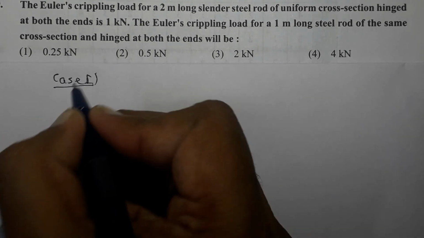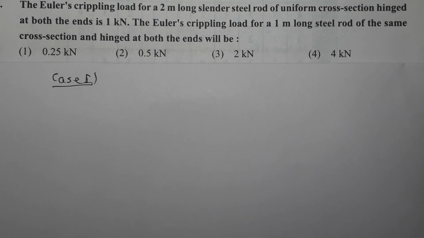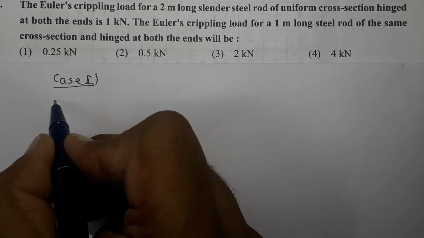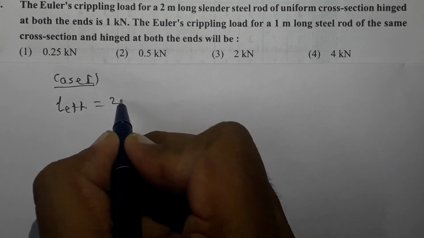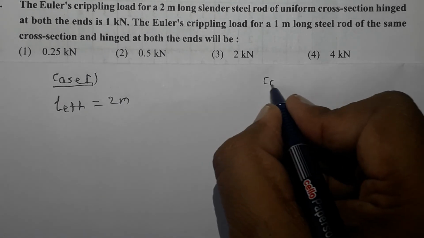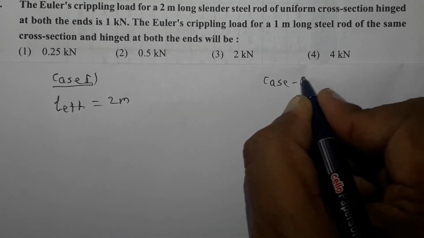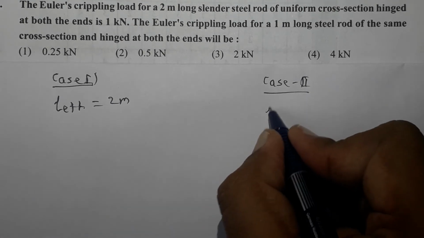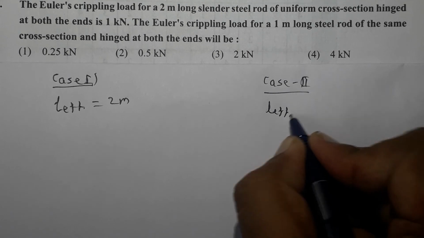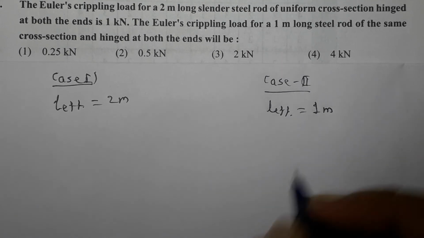In case 1, the length of the slender steel rod is 2 meter, and the end conditions are both ends hinged. So in case 1, L effective is equal to 2 meter. Case 2: the same material is there, and L effective is going to be 1 meter.